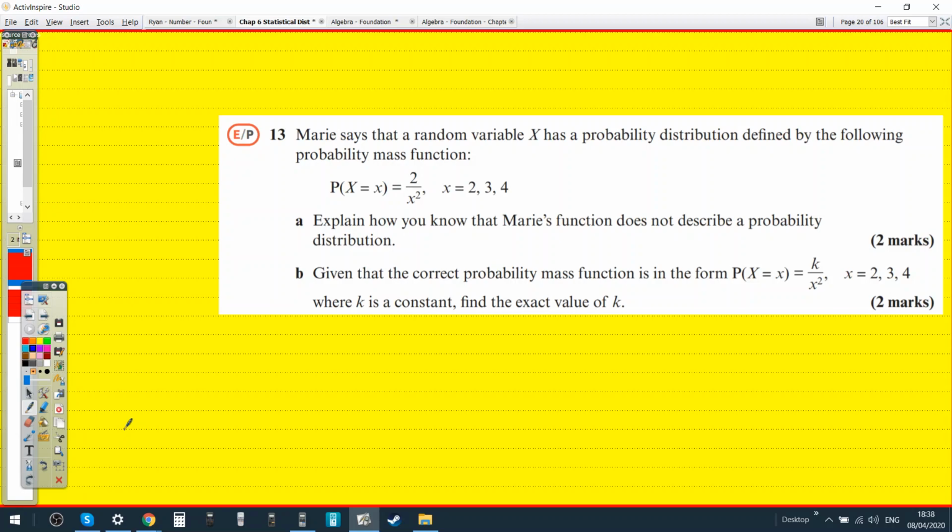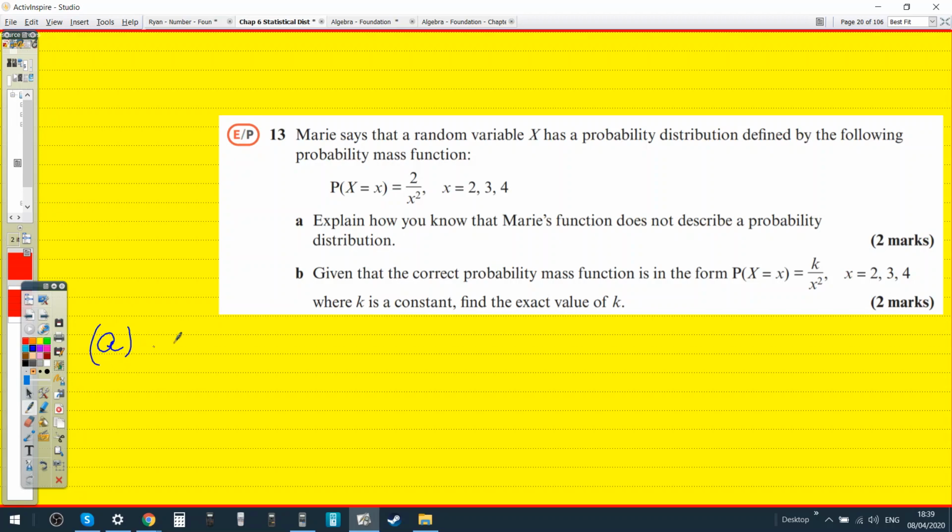So there's something wrong with it? Any idea how you figure out what's wrong with it? Maybe the squared? Sub in the values for x.